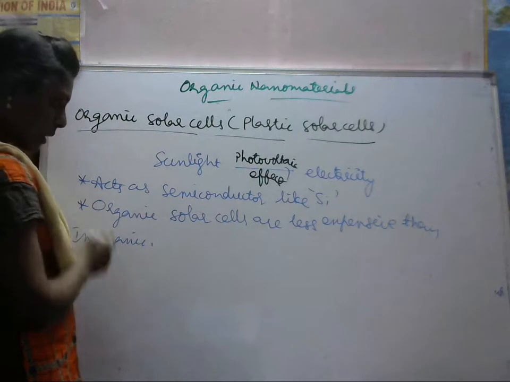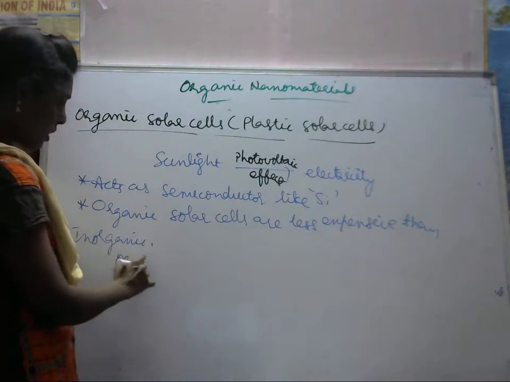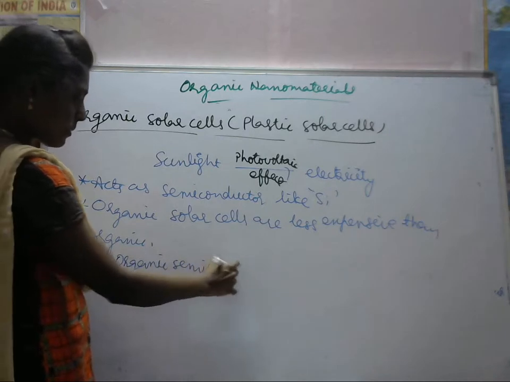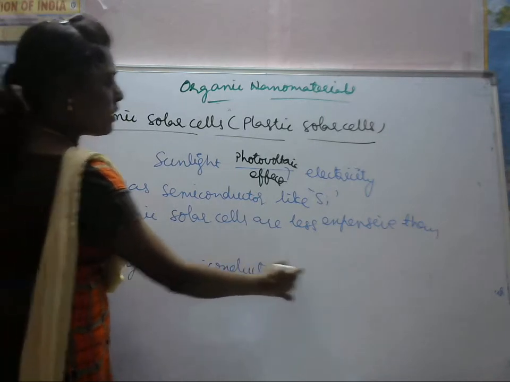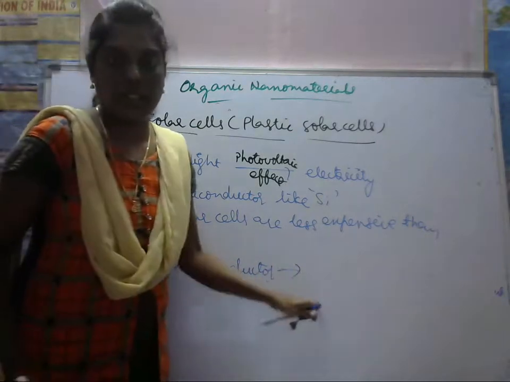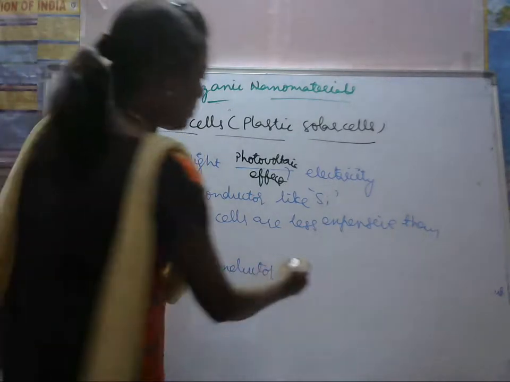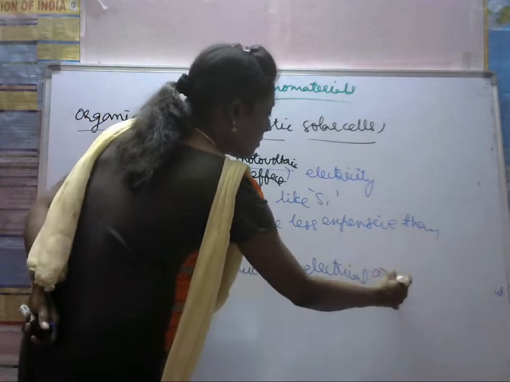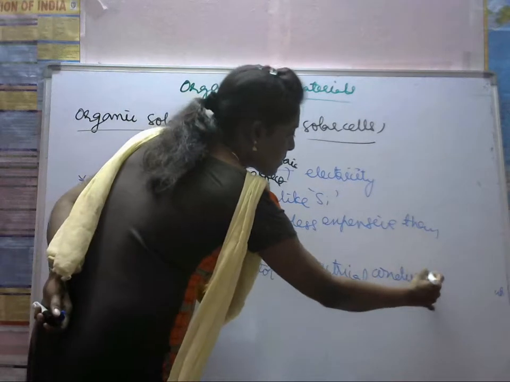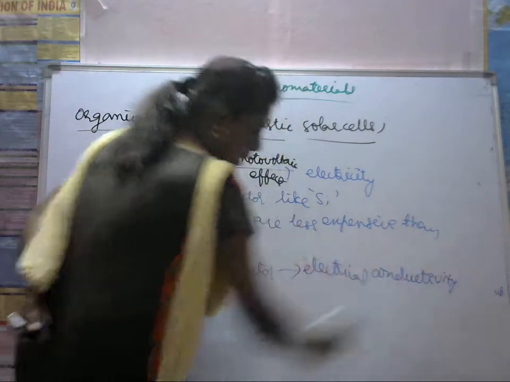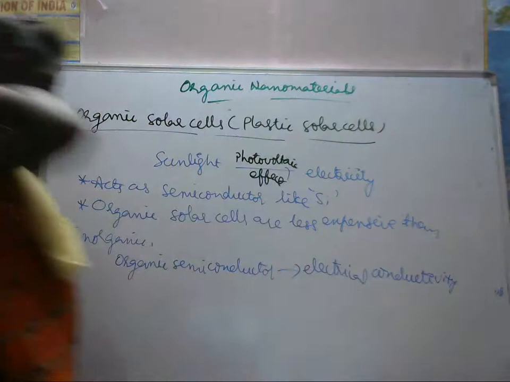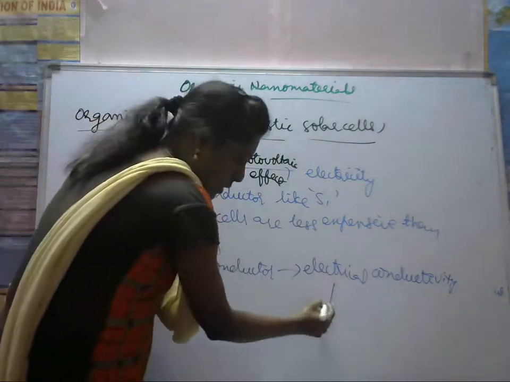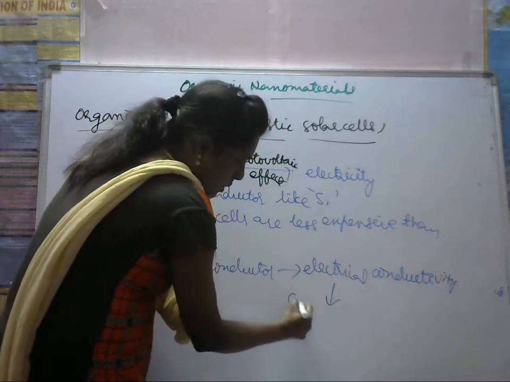Here what do organic semiconductors produce? Organic semiconductors produce electrical conductivity. How does electrical conductivity come? Because conjugated pi electrons are present.